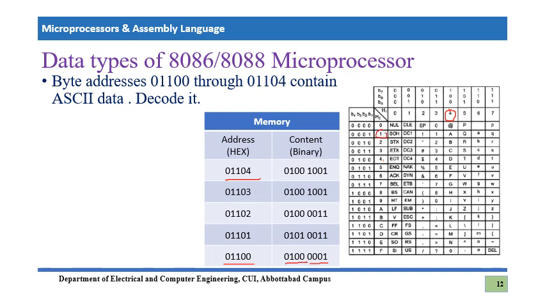If we intersect these row and column, we come to the point where they meet, and that is A. So this specific ASCII information is equivalent to the alphabet A.